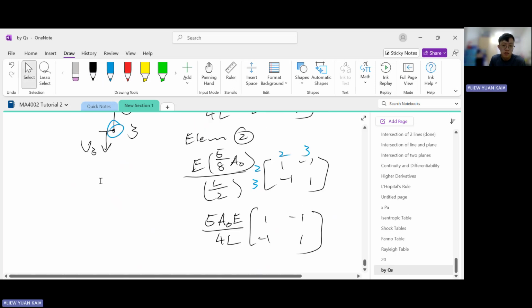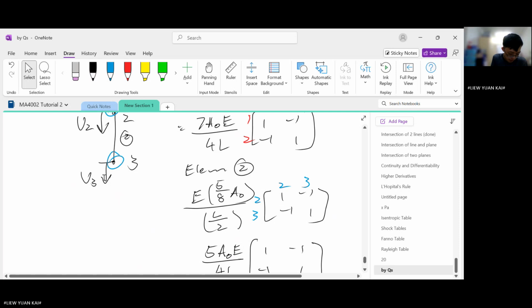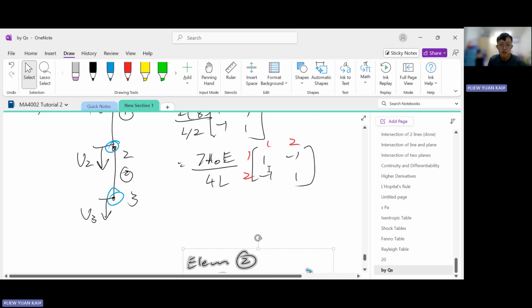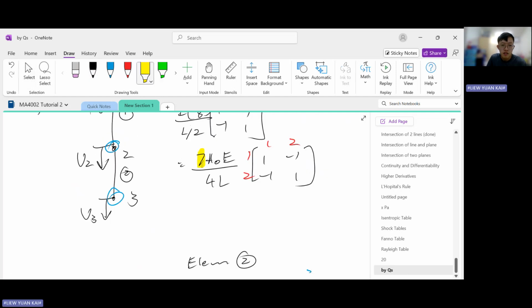Okay, so now the global equilibrium matrix. But I want to tell you an additional step first. Before we combine them in the global equilibrium matrix, what I want you to do is take this 7 over 4 here and multiply it into each entry of the matrix. So at the end of the day, what you'll get is this: 7/4 minus 7/4 minus 7/4, 7/4.